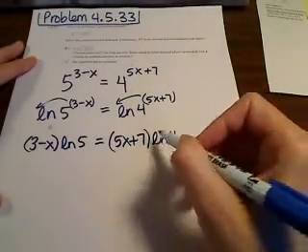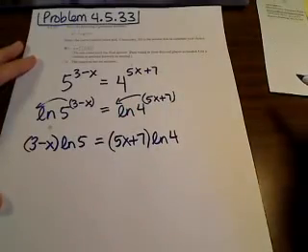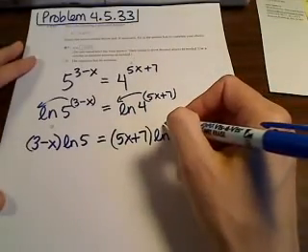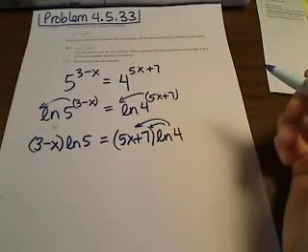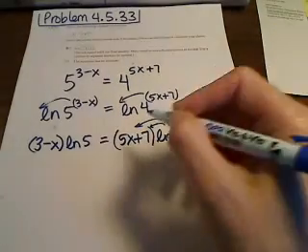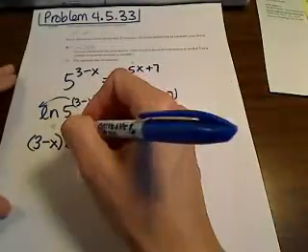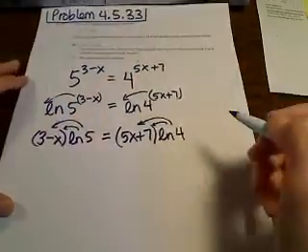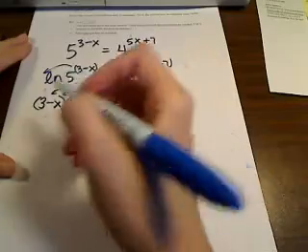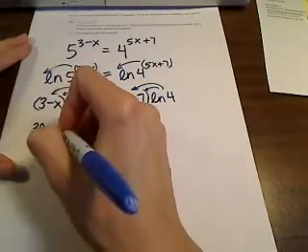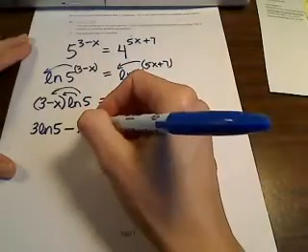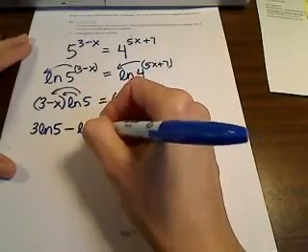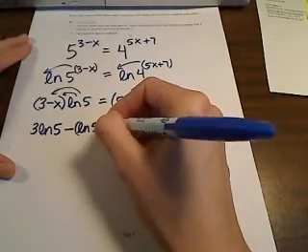Now remember, the ln of 4, the ln of 5, those are just numbers, okay? So what we're going to do is take these numbers and distribute them because we're solving for x, and we've got an x here and an x there, so we need to get these x's together, okay? So this is going to look like 3 times the ln of 5 minus the ln of 5 times x.